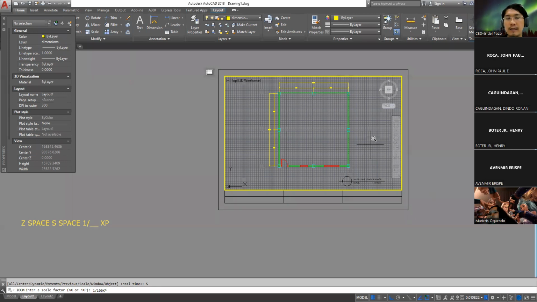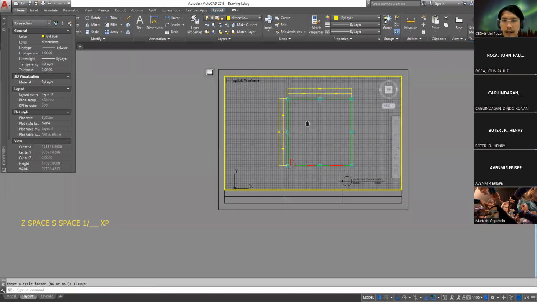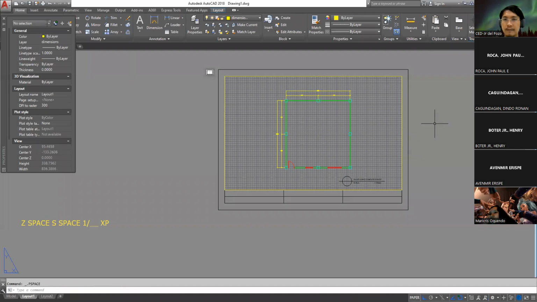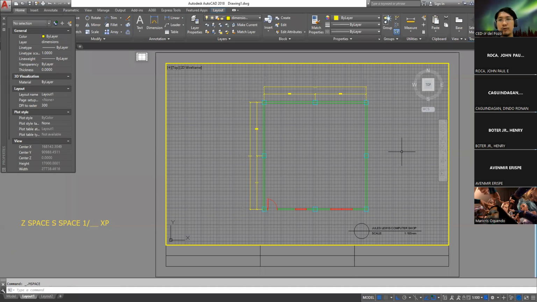Ibig sabihin yan, sa kada sukat ko ng 1 mm, ang katumbas nun sa actual is 100 mm. So, pag in-enter ko yan, iyan yung tamang actual scale niya. Now, ano kaya mangyayari kapag nilitan ko yung scale value? Let's say, 1:80 XP ang nilagay ko. Ano kaya mangyayari sa drawing? Lalaki or liliit?